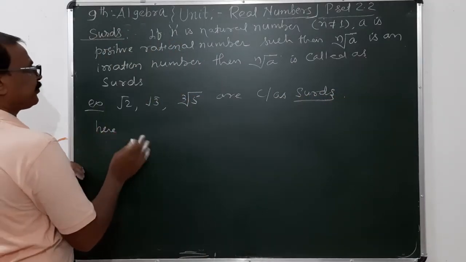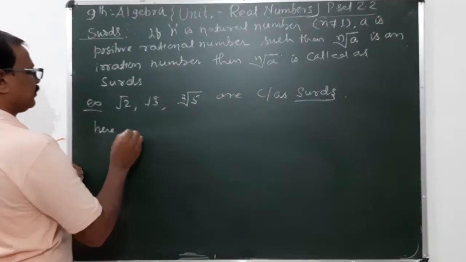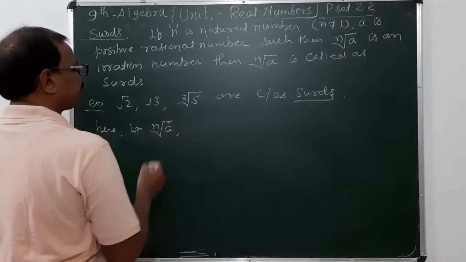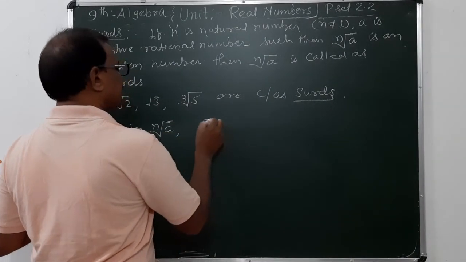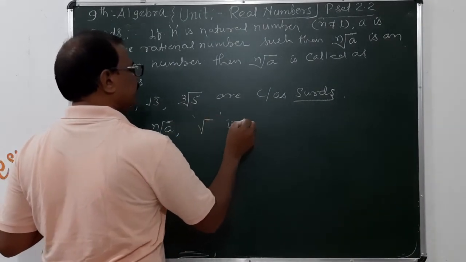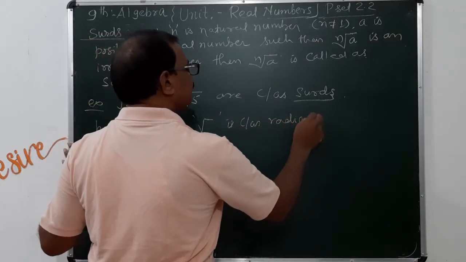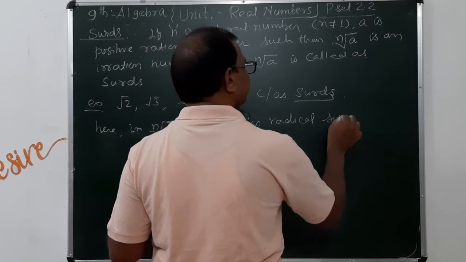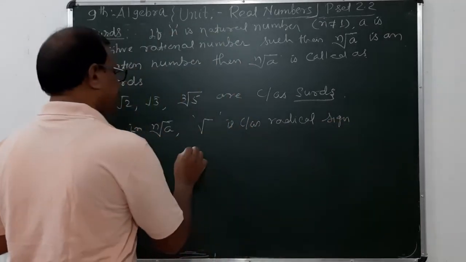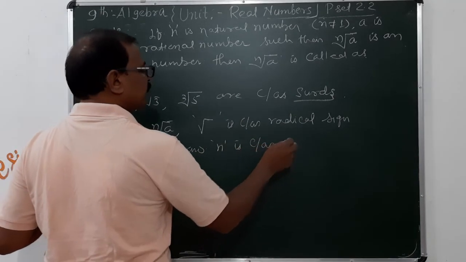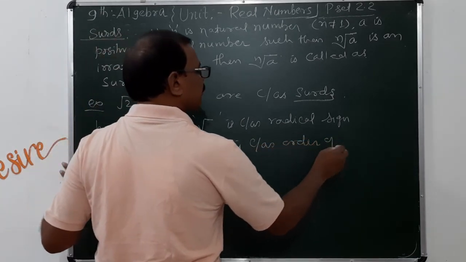Here the radical sign, and n is called as order of surd.